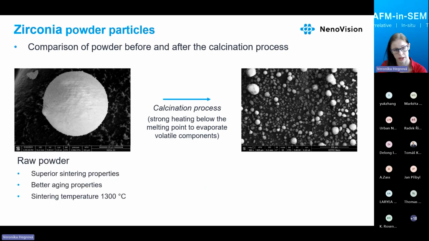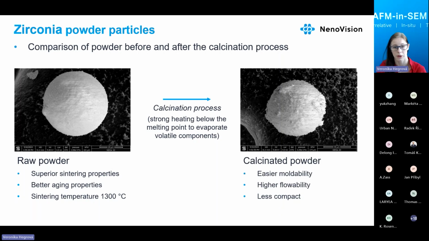But if we get closer to the powder particle, we see that already the surface changed quite a lot. So what's the difference between raw and calcinated powder? Raw powder has superior sintering properties and better aging properties, but calcinated is more easily moldable, higher flowable, and less compact.